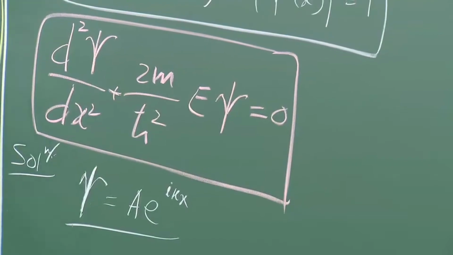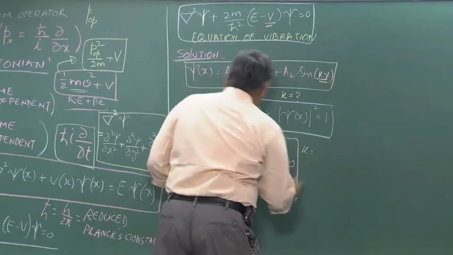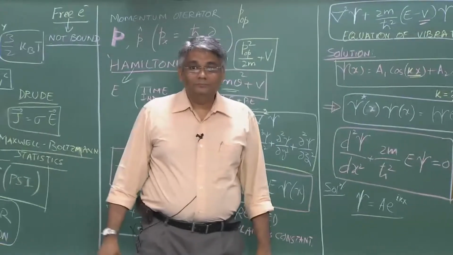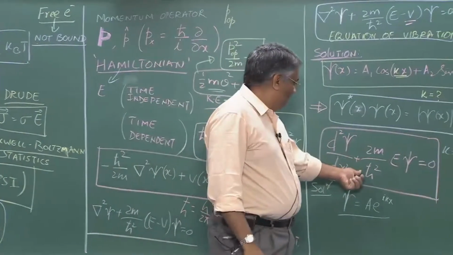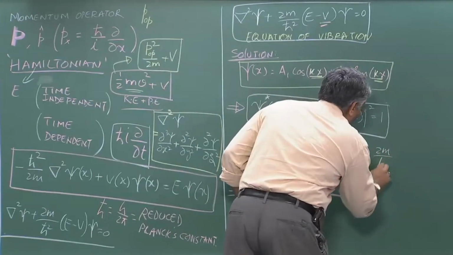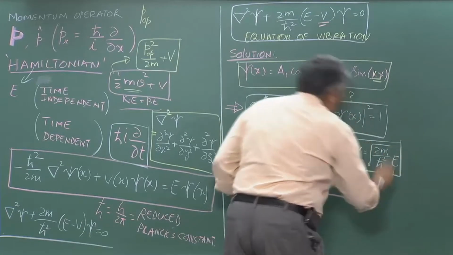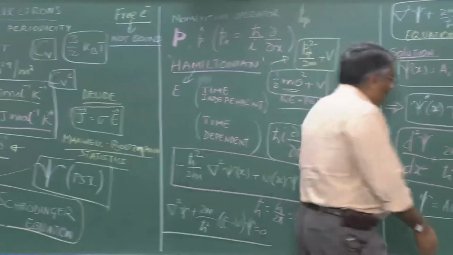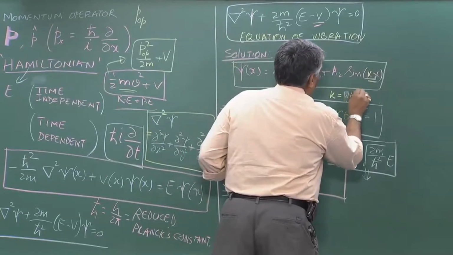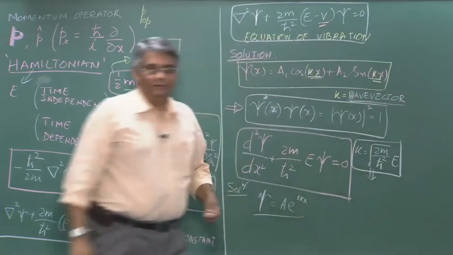Okay. Now here k, what is k here? What is k? It is 2m by h cross square, under a square root. Okay. Now k, of course, is called the wave vector.